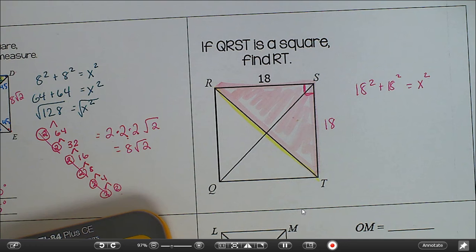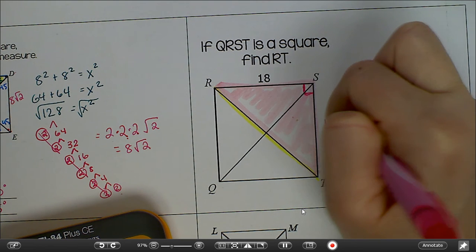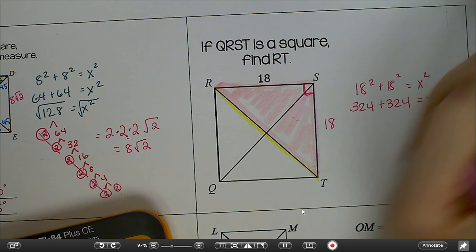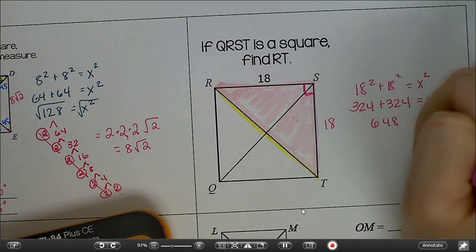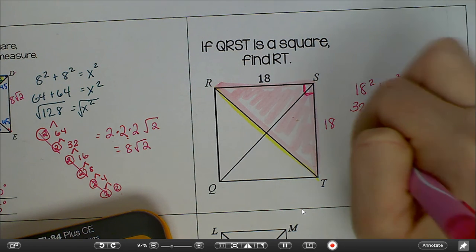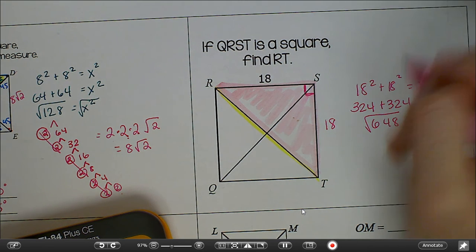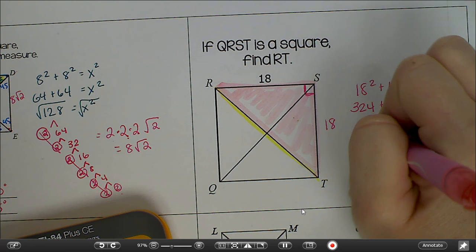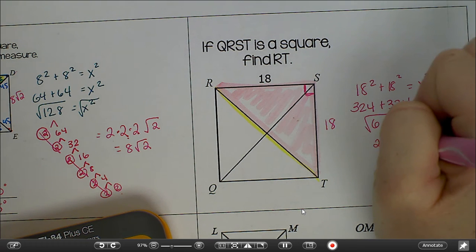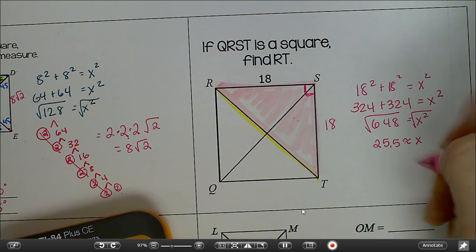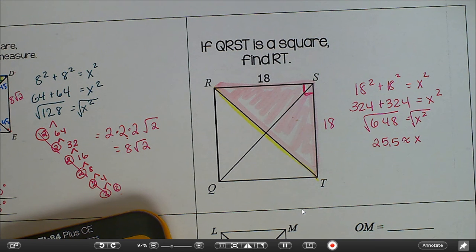And honestly, 18 squared I do not have memorized. 324. This equals, in decimal form, approximately 25.5. So the length of RT is 25.5.